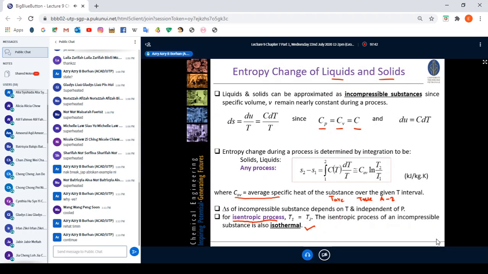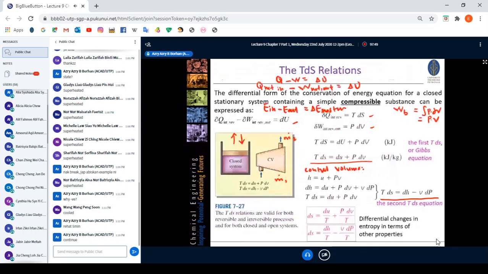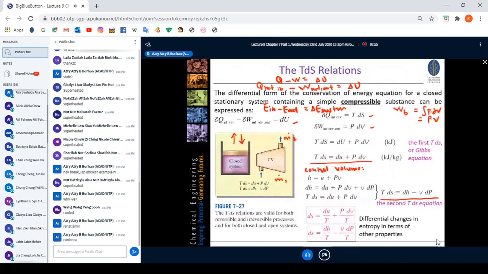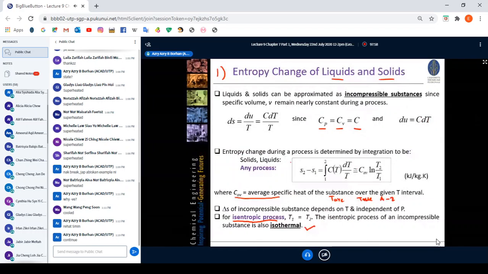So as you can see, the first example shows the importance of the first and second TDS that we have derived earlier: to make use of these two equations to come out with the entropy change for incompressible substance.